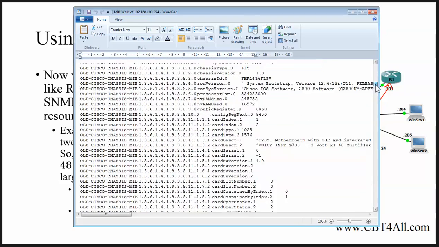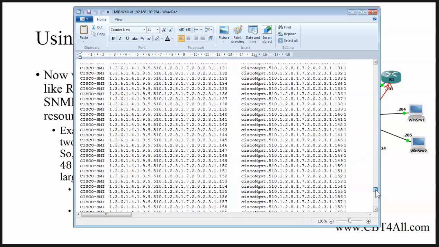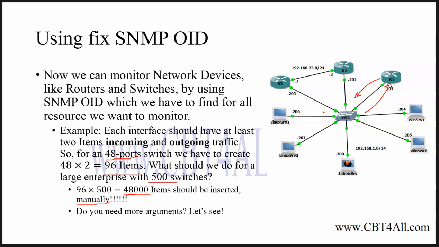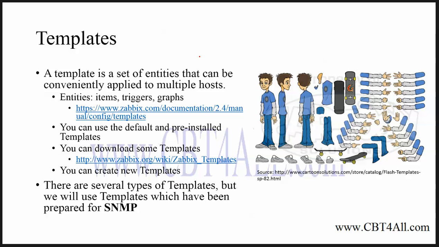So it takes time if you want to manually add all of these SNMP OIDs. Sometimes it's impossible. So we should have some way to monitor network devices and servers automatically. How? We use templates.